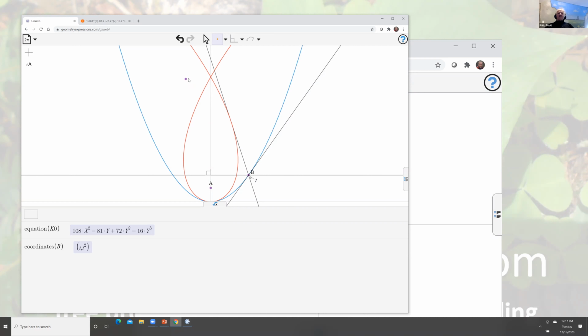So what you have to do is stick the point into a vacuum there, and that allows you, when it's selected, to specify its location, 0, 9/4. And sure enough, that shows up on our cubic.